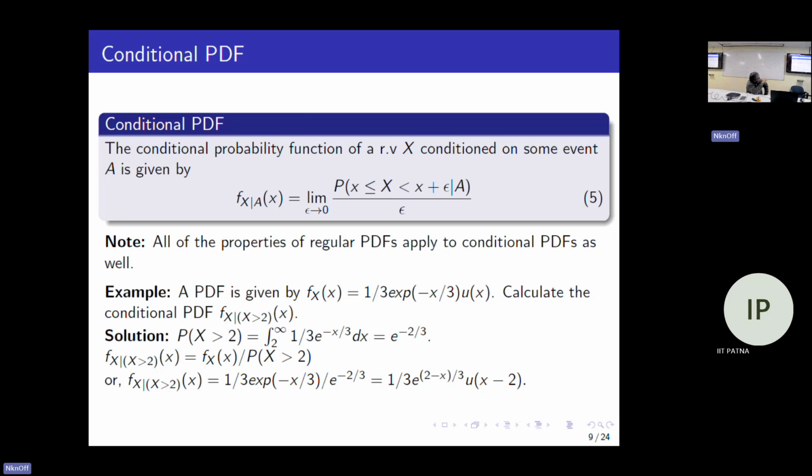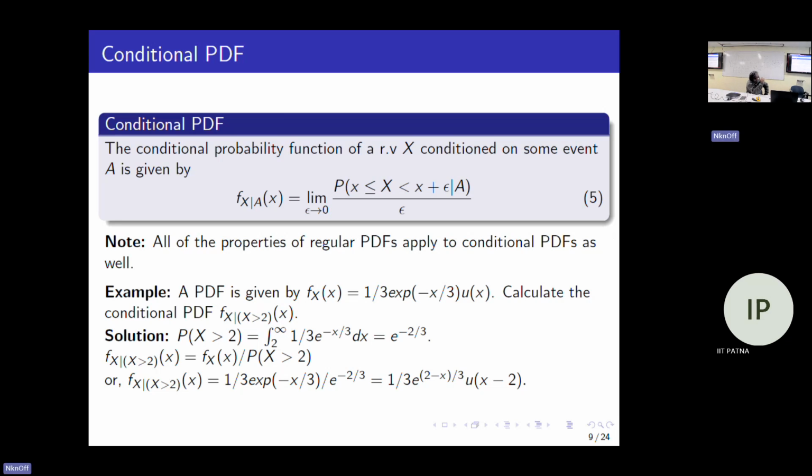That means A has already occurred. So that is the conditional PDF. That means what is the PDF when one event has already occurred.